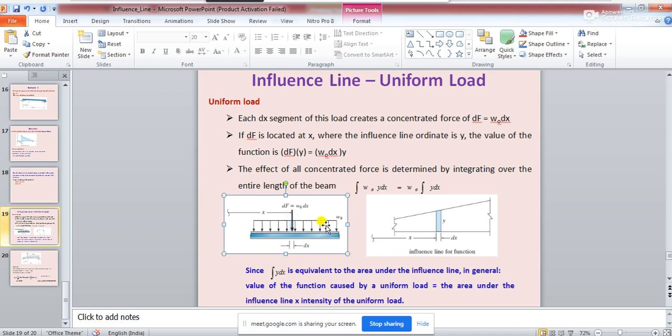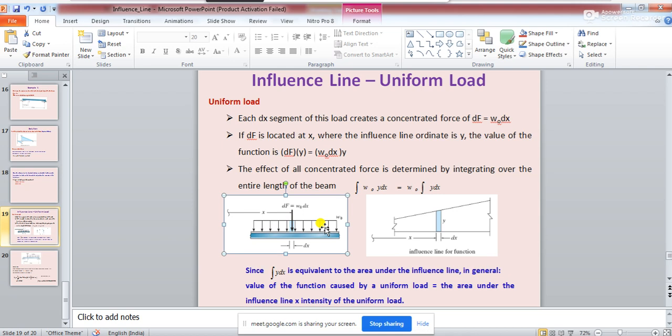Whenever a uniform load acts on a beam, we multiply that load value with the length of the load, right? Suppose 4 kilonewton per meter, the uniformly distributed load, is distributed over 2 meter length, then how much will be the total load? 4 kilonewton per meter multiplied by 2, so it will be 8 kilonewton.